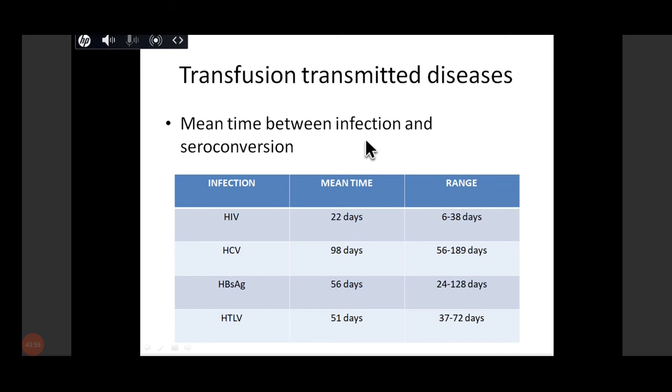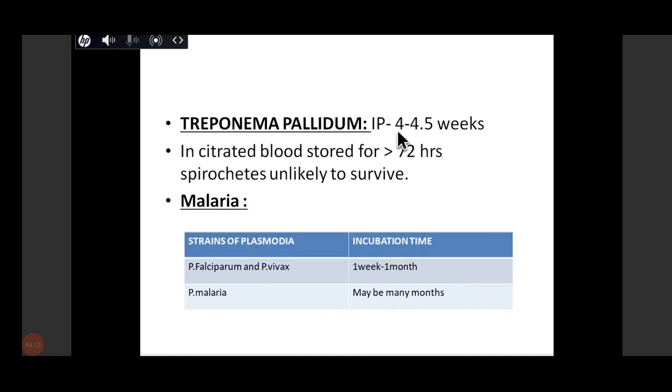Then some infections can be missed in seroconversion for HIV and HBV, which can happen if it's in the window period. This is all about microbiology, the infections and seroconversion, which can be missed at times mainly in the window period.